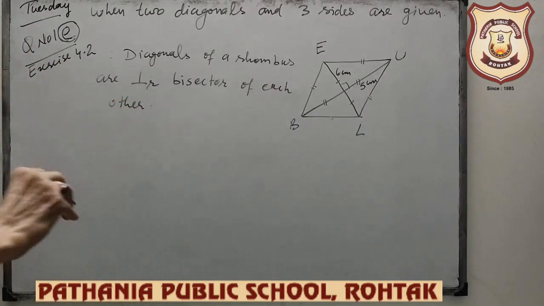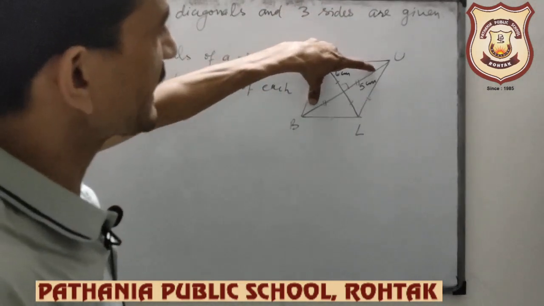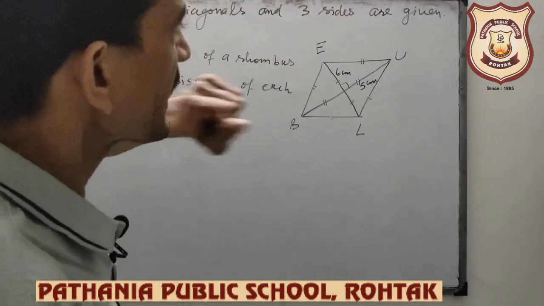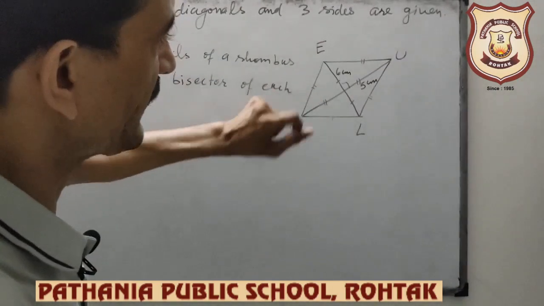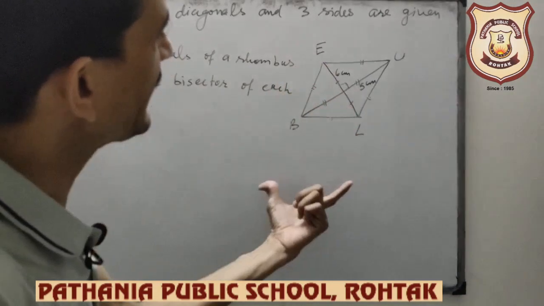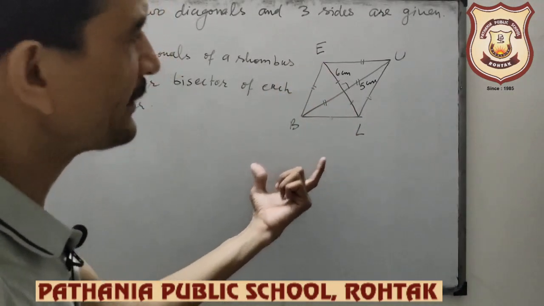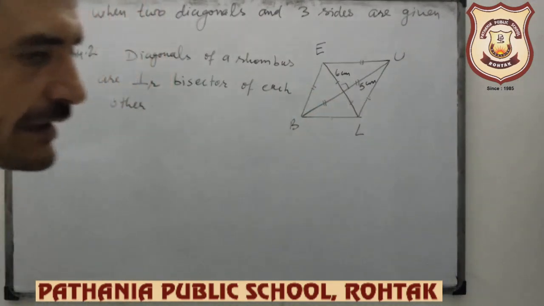So therefore what should I do? See, EL is perpendicular bisector of BU, which is 5. If we halve 5 then 2.5 and 2.5. And if I take EL as the base, I mean if I draw EL first, then it will be divided into 3 and 3.